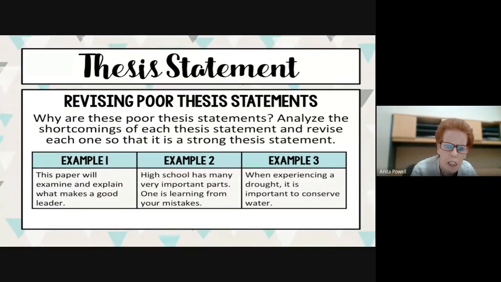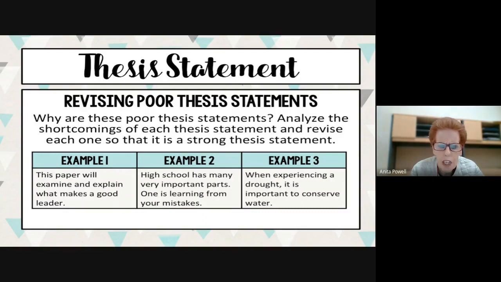Revising poor thesis statements. Why are these poor statements? Analyze their shortcomings and revise each one so that it is strong. Example 1, this paper will examine and explain what makes a good leader. Okay, why don't we start out with a good leader is an individual who shows integrity and courage in the face of difficult situations.